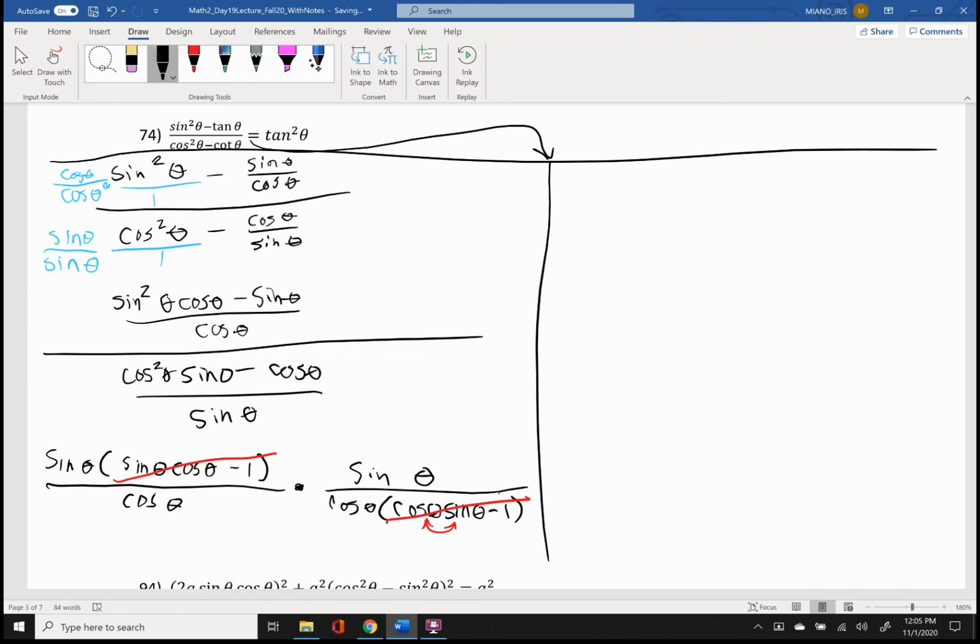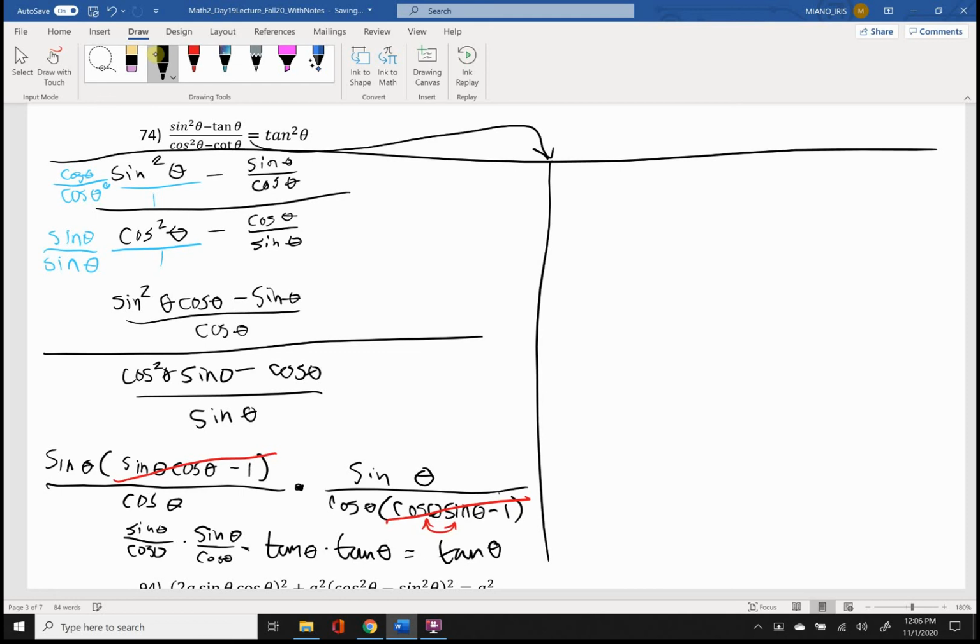And then we're left with what? Check this out. That's sine theta over cosine theta times sine theta over cosine theta, which is tangent theta times tangent theta, which is tangent theta squared, which is what we wanted.